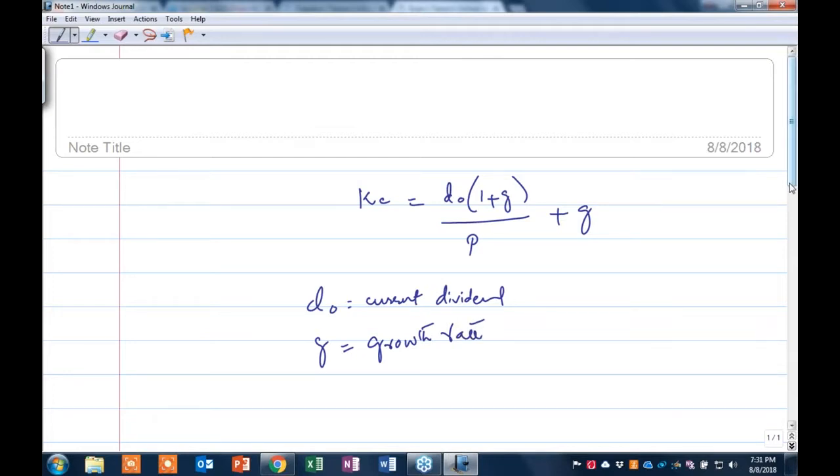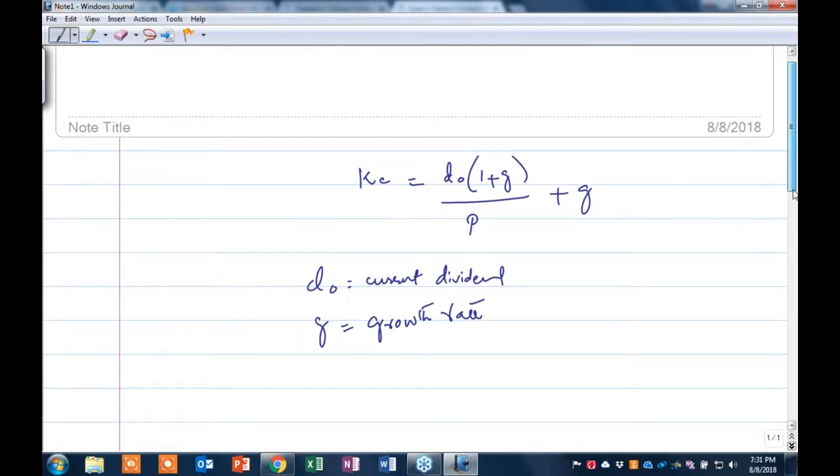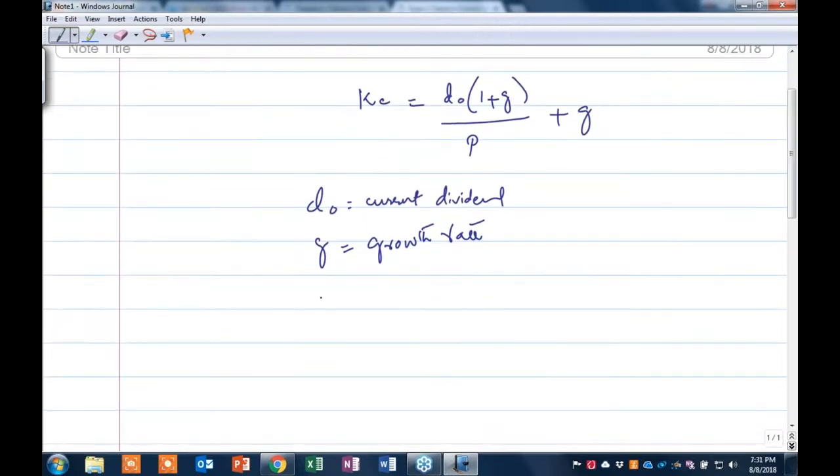Sometimes it will be given in the question, or sometimes we will be calculating the growth, and we'll learn how to calculate it. And P is the ex-div price.